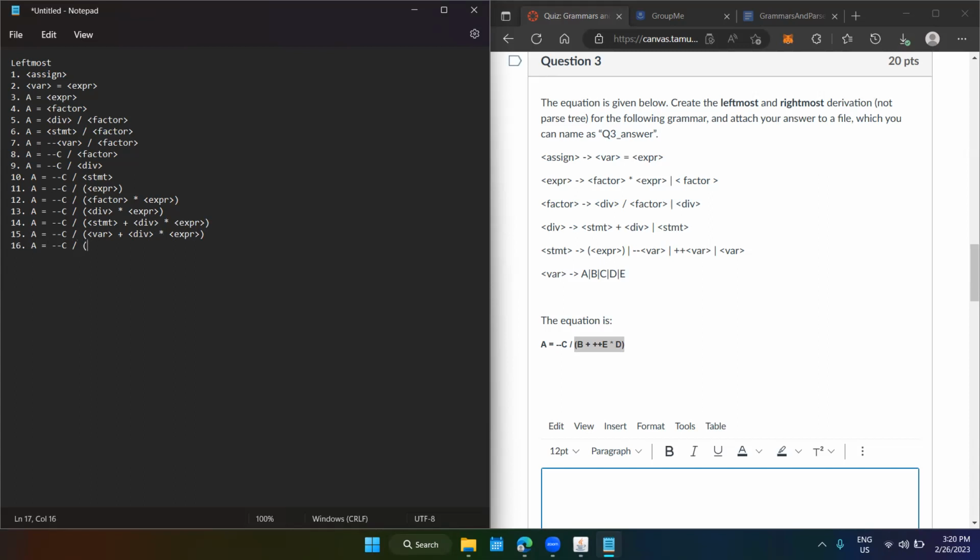Var points to, of course, b plus div. 16. Div points to statement. This is nice.